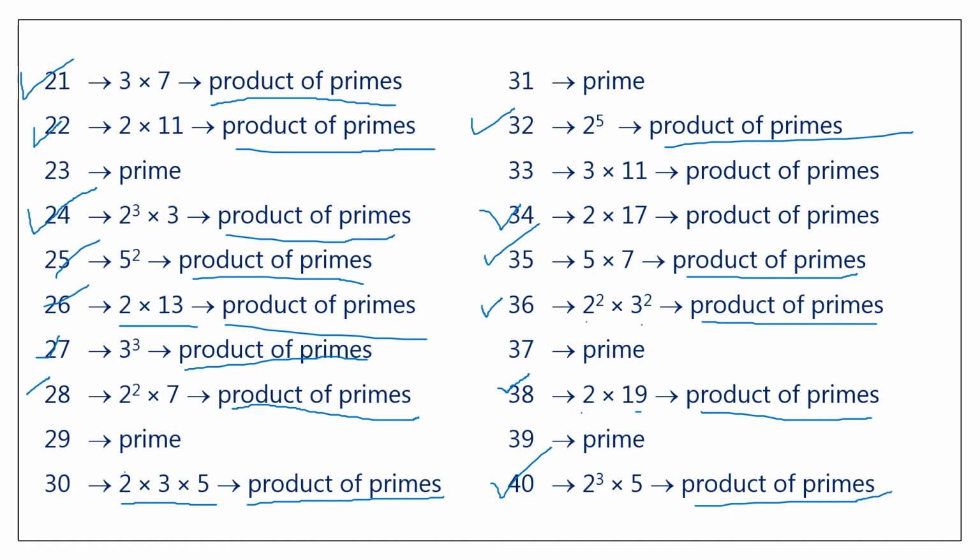This way of writing a composite number as a product of primes is called prime factorization. In this way we can write any composite number as a product of primes.